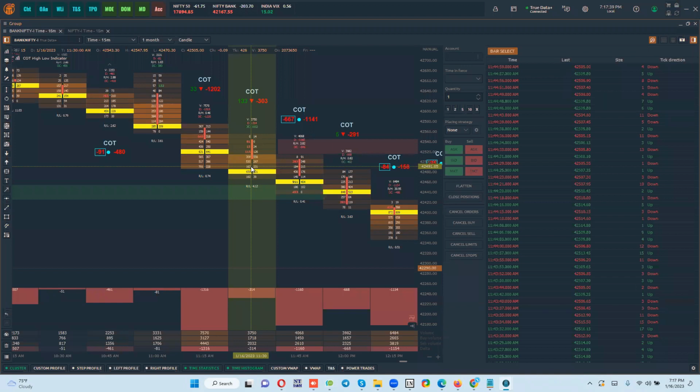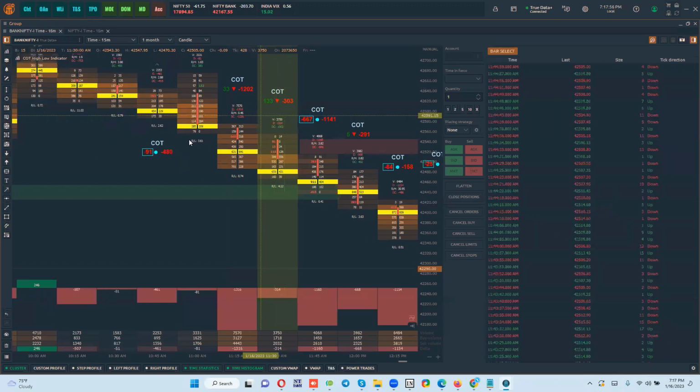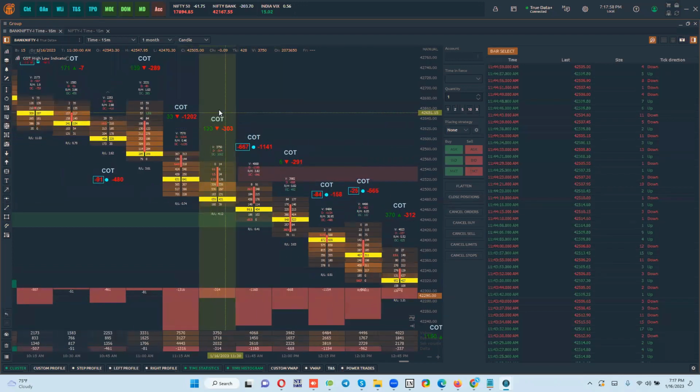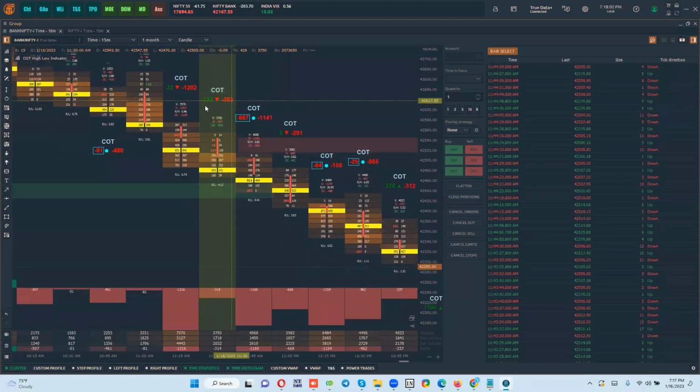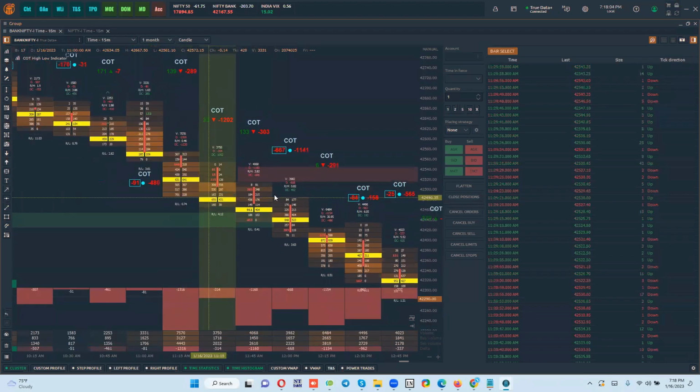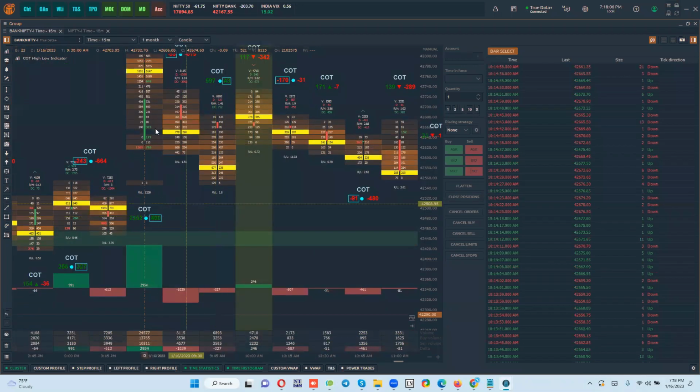In a condition where the candle is red, we will see a very high negative COT high and a positive value of COT low. That is the normal circumstance, wherein we have not colored anything out here, we are just showing this information. If it is a negative bar, we show this information on top. If it is a positive bar, we show this information at the bottom.